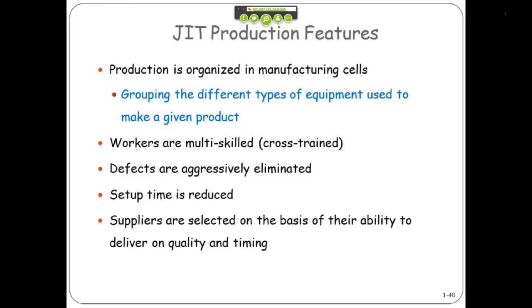You need to get rid of defects, because if everything's being pulled by a given customer demand item and there's a problem along the way, that kind of slows down everything else. Minimize your setup times, because they slow down the process and cause inventory to build up. And you need to carefully select your suppliers.